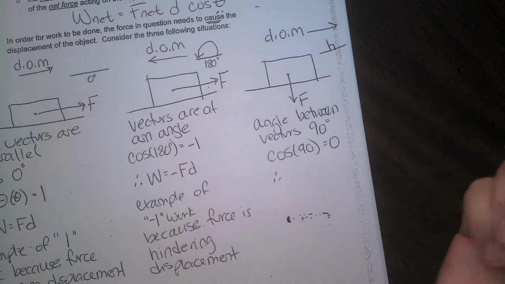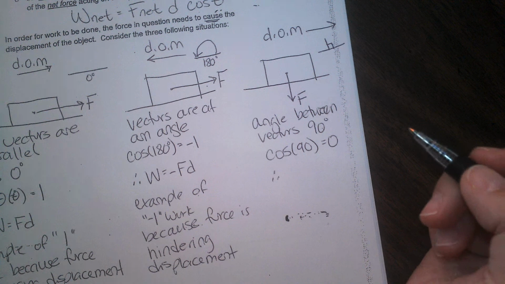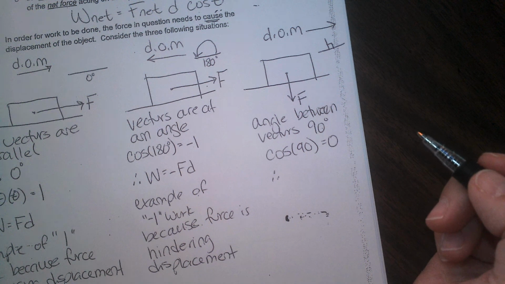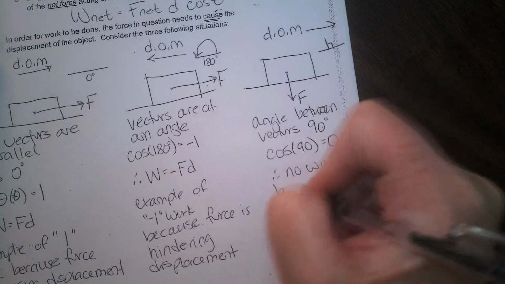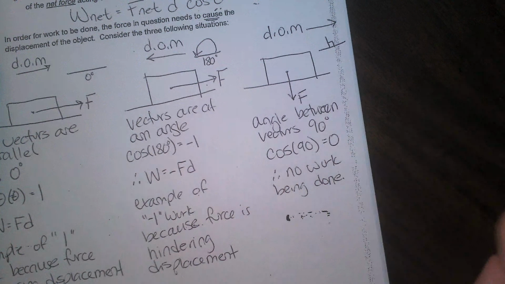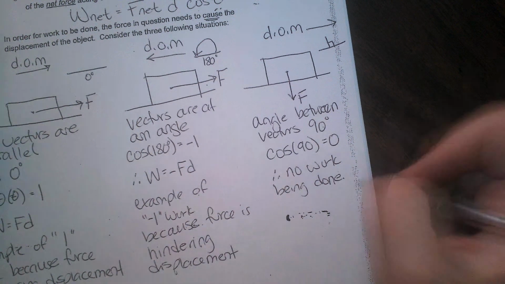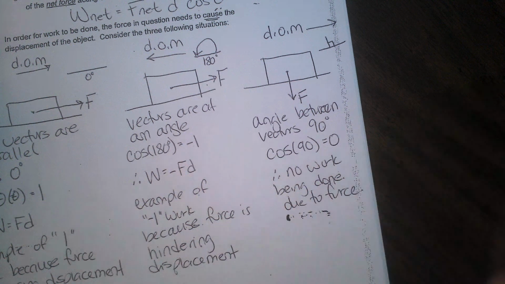If I have 0, anything multiplied by 0 is 0, so there's no work being done. Okay, there's no work being done.